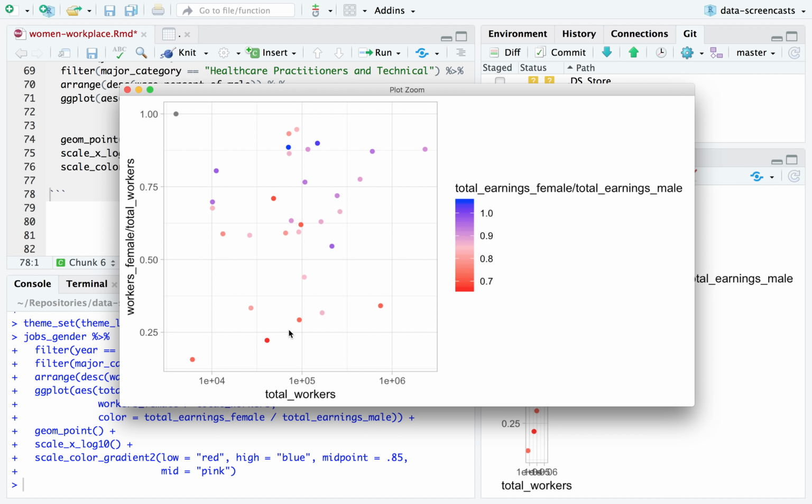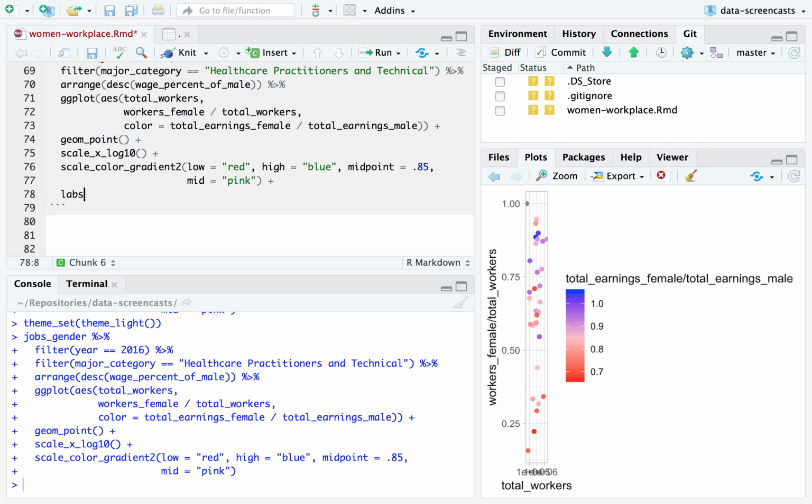All right, what I'm seeing here, you know, what's really interesting here, it doesn't surprise me, but I was starting to get a sense of that from the table. But it looks like the areas that are less dominated by women. I'm going to add better labels for a moment. So let's see, total number of workers. Y is percentage workforce, put it as female.